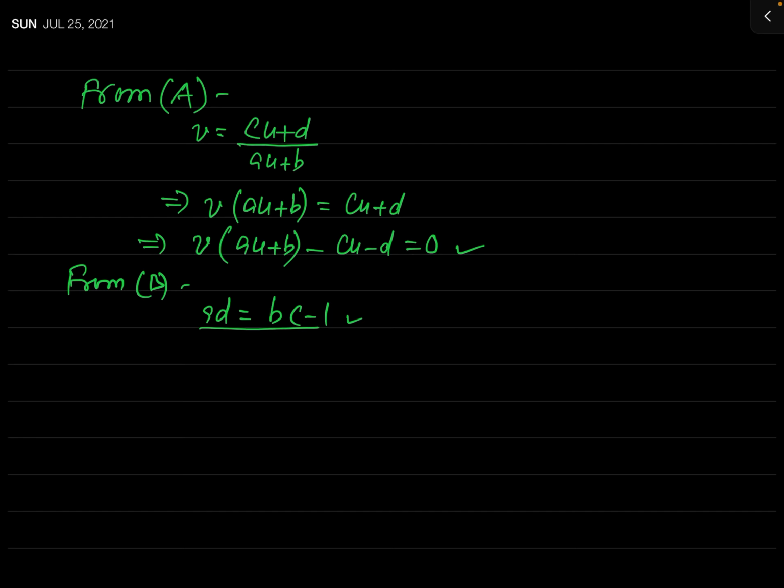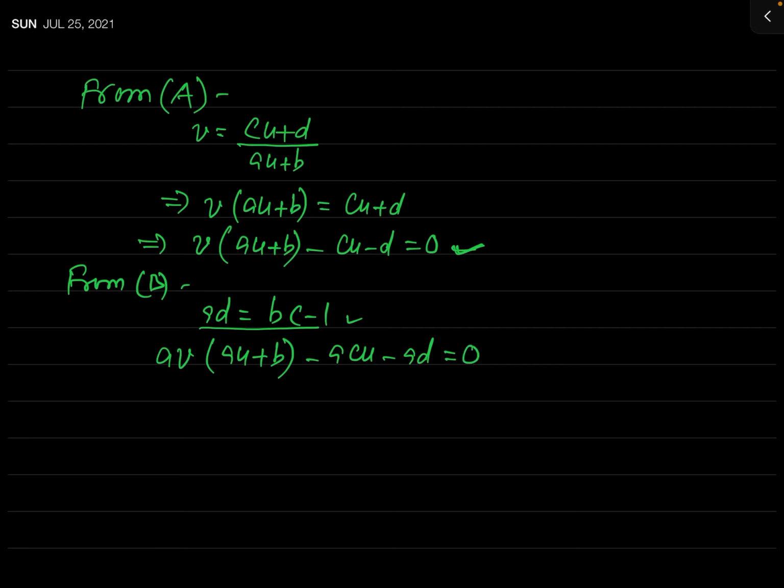But before using this value, let us multiply this equation which we have obtained here, both sides by A. So after multiplying this equation both sides by A, your result will be AB into Au plus B minus ACu minus AD, and that is equal to 0.